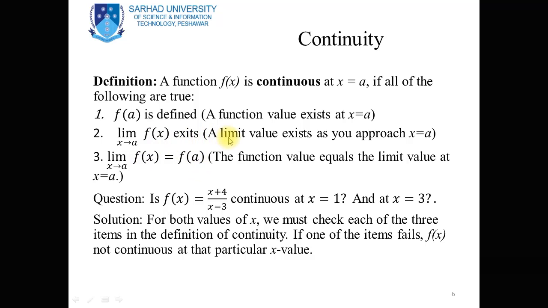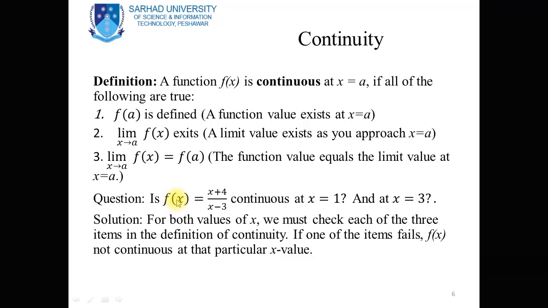A function will be continuous if we put x is equal to a as a function value and f of a is defined, and if we put a limit value, then the limit value of the function exists, and the limit value and the function value are equal, then the function will be continuous.